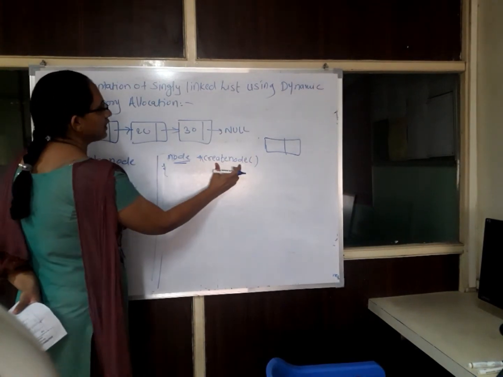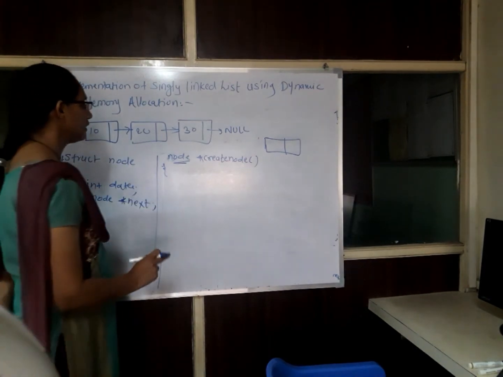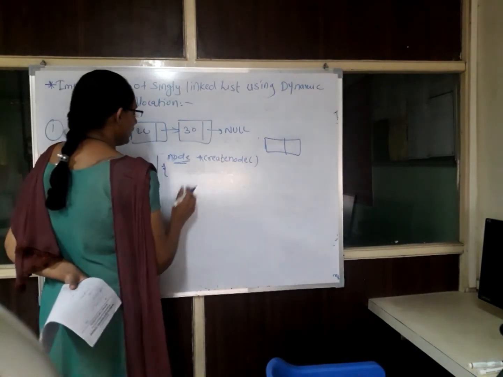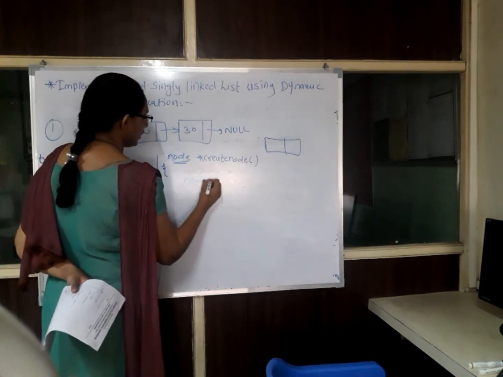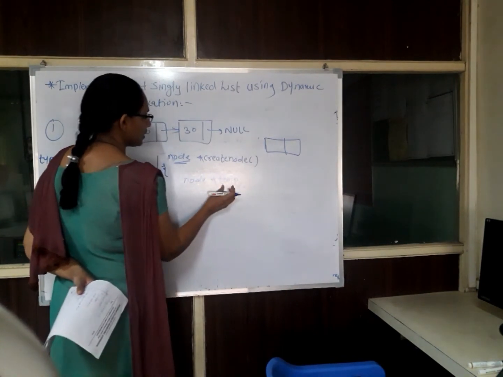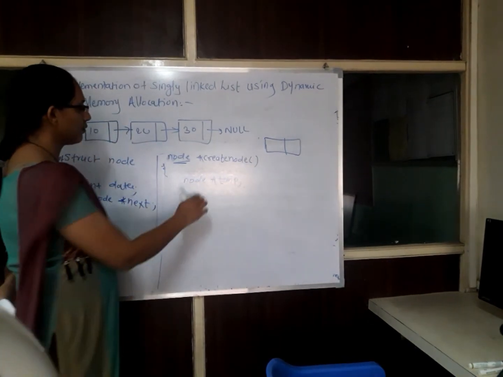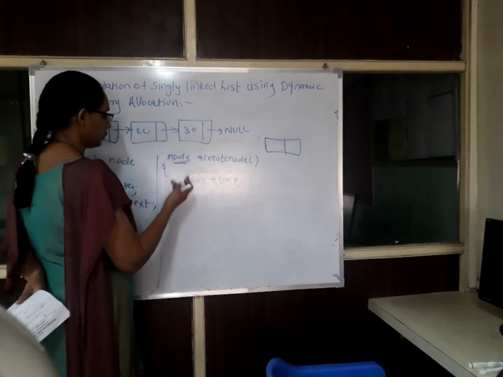So this function will create a node and return the address of that newly created node. Now I will use one temporary variable of node type, which is again a pointer. So temp is a variable of pointer type, meaning it holds the address of a node.